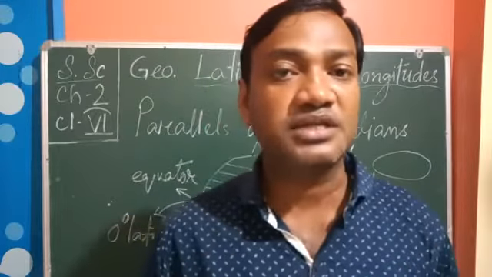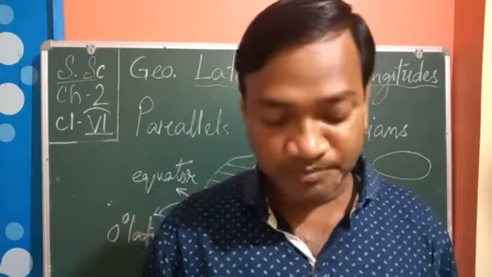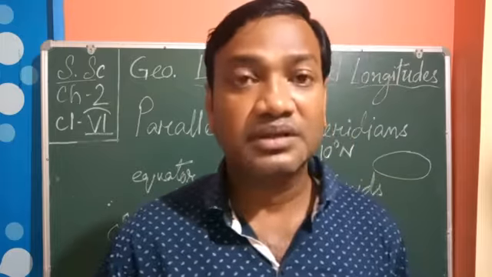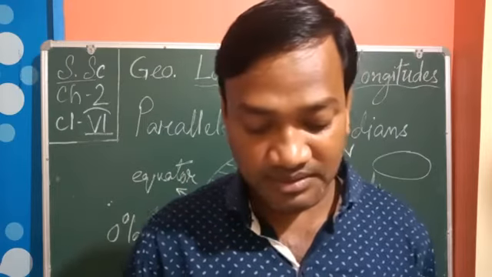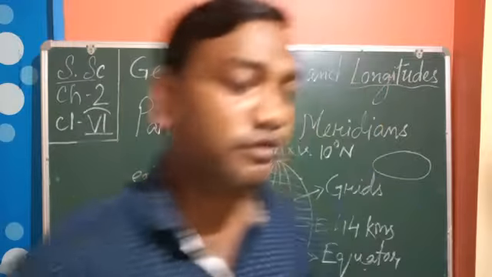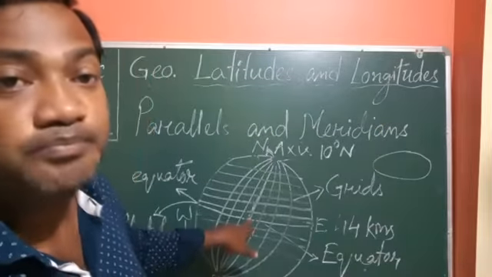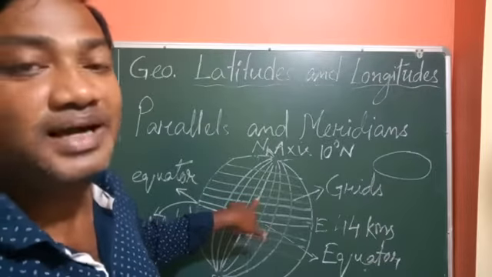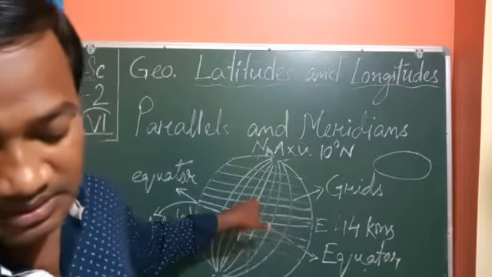Some important parallels on the globe are the Tropic of Cancer, which is at 23.5 degree north. That means from the zero equator, if we go 23.5, here we find the Tropic of Cancer.